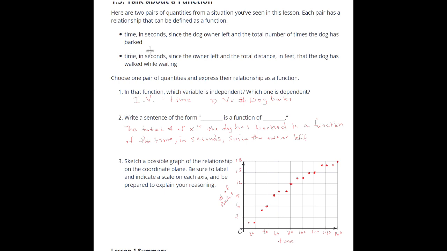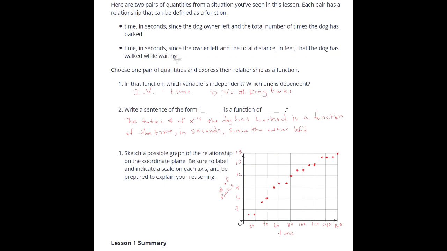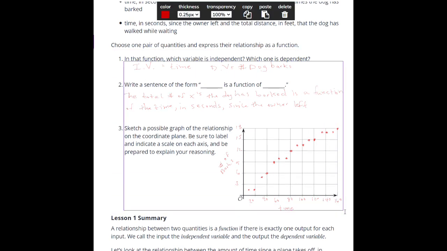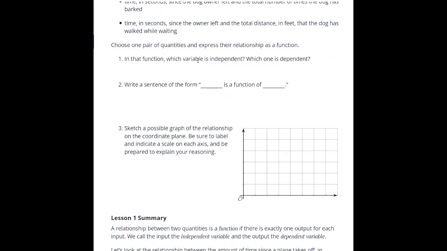So let's look at time in seconds since the owner left and the total distance in feet that the dog has walked while waiting. Let's get rid of all this, and then we're going to look at the second one.